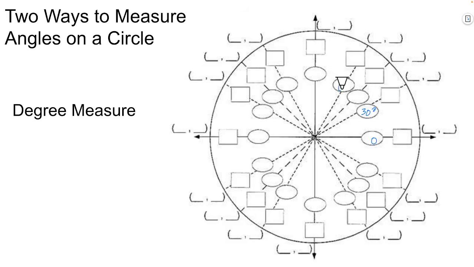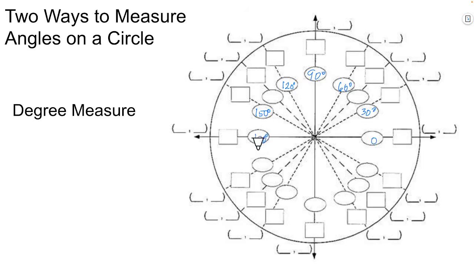30, 60, 90, 30 more is 120. And again, these are all degrees, so you should have little degree marks, right? Add 30 more, that's going to give us 150. Add 30 more, we get to 180.